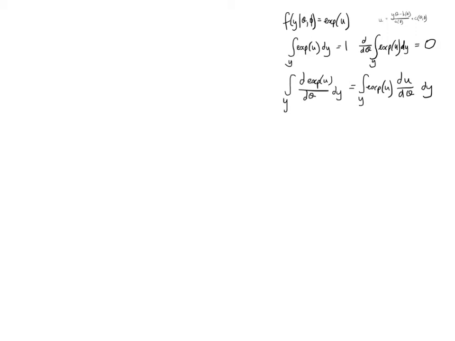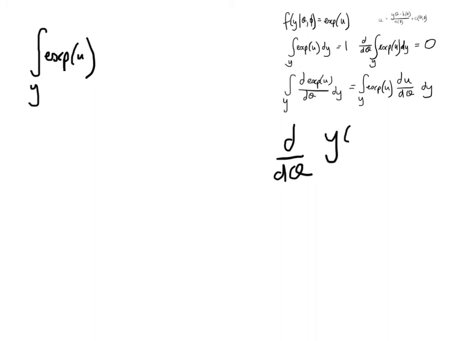So if we first find du d theta, what I'm trying to find is the differential of y theta minus b of theta divided by a of phi plus a constant that doesn't involve theta and won't be there once I've done the differentiation.